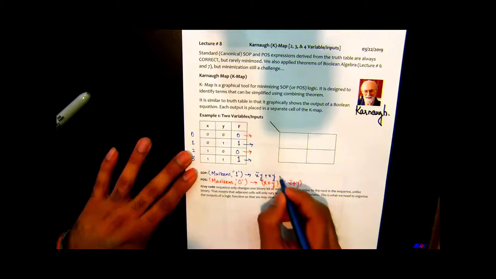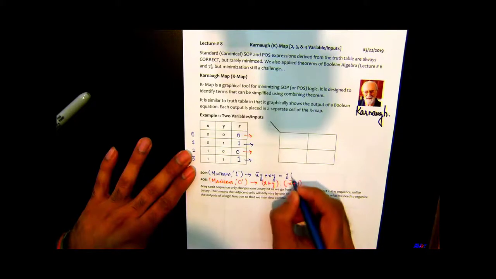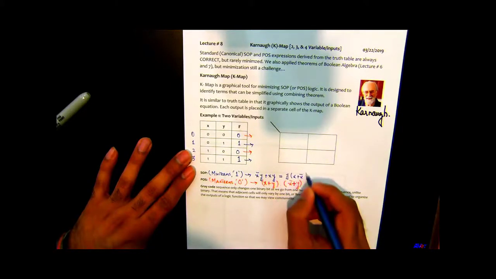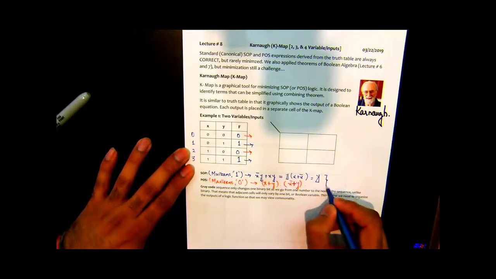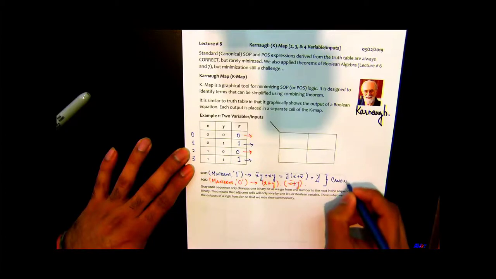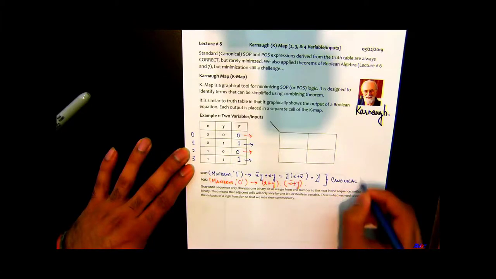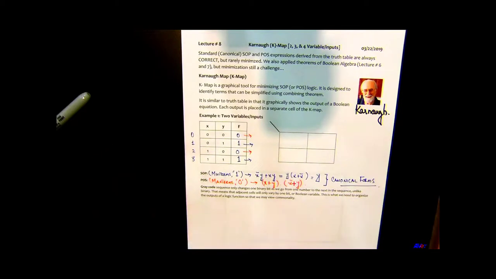I can, if I like, further apply some Boolean algebra laws and rules to simplify this, taking y as common here, and this would have x plus x bar. We know x plus x bar is equivalent to 1, so we basically get y here. So these are the two expressions that we got from SOP and POS. These are the canonical forms, right? This is what we did yesterday. We're going to move on to K-map.